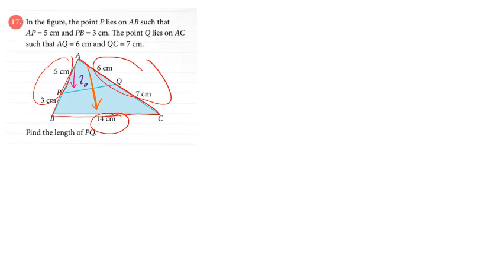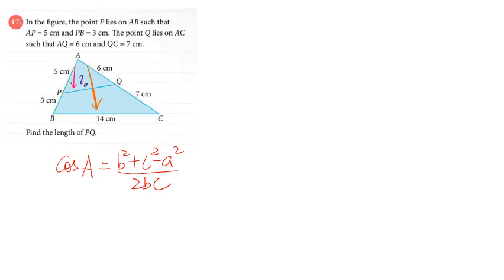Okay, so let's write down the formula. Cosine A is equal to B squared plus C squared minus A squared over 2BC. If you're finding angle BAC, you're finding this angle here, that will be your angle A. So you're going to replace your angle A with BAC. Then of course the other two sides will be this here, which is 8 centimeter, and this one here, which is 13 centimeter. We can just let B be 8 or 13, and then C will be the other one.